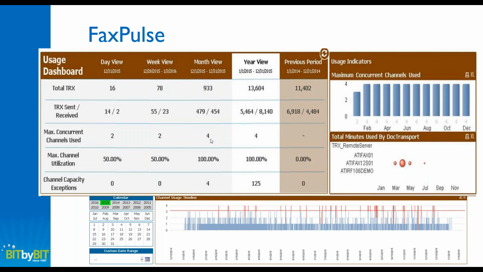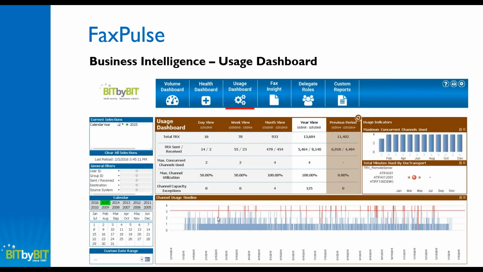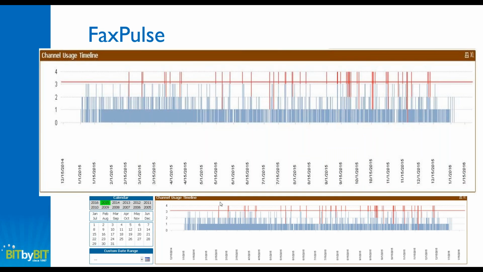Now, for a bigger system, it's even more important how many channels are in play. If you want to get a deeper dive into this, you can look at the channel usage timeline down here. This timeline will show you graphically, here it's divided into 2-week increments, how often you hit 3 channels, 2 channels, 1 channel.